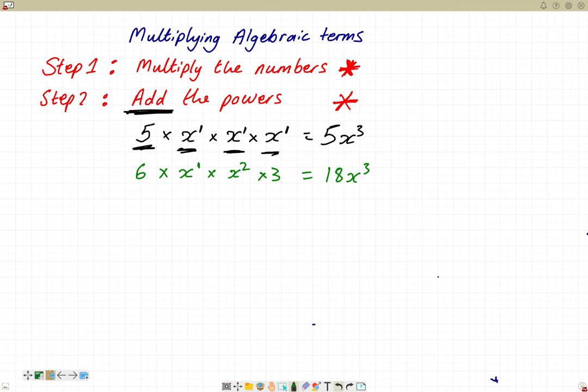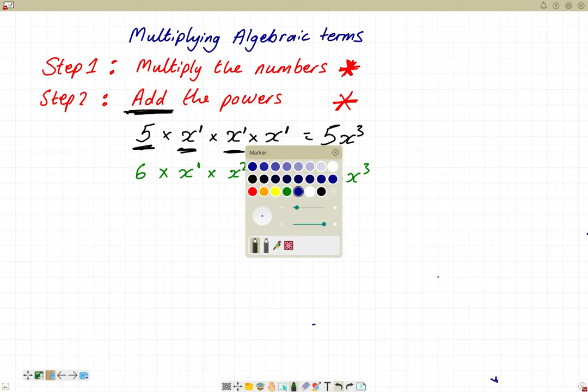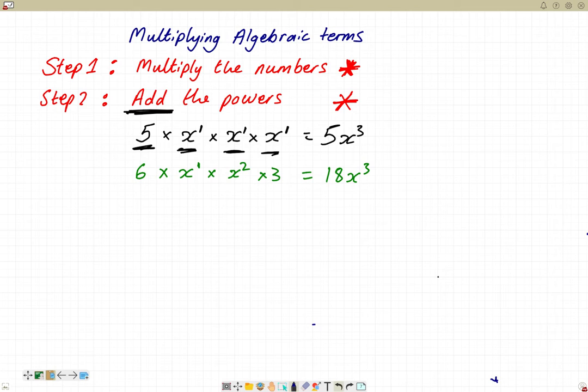Okay, let me show you another example. Sometimes you might see 9 times x times y times x times y times 4. Okay, so same thing, times the numbers. 9 multiplied by 4 gives me 36. Now deal with each letter separately.